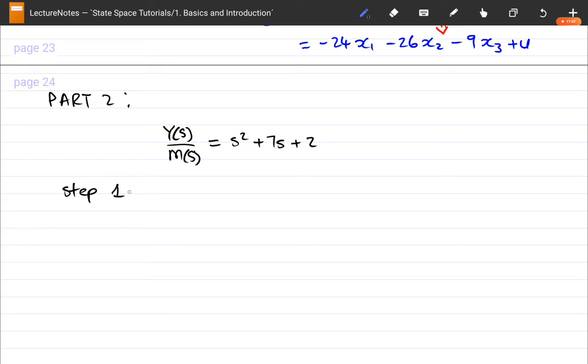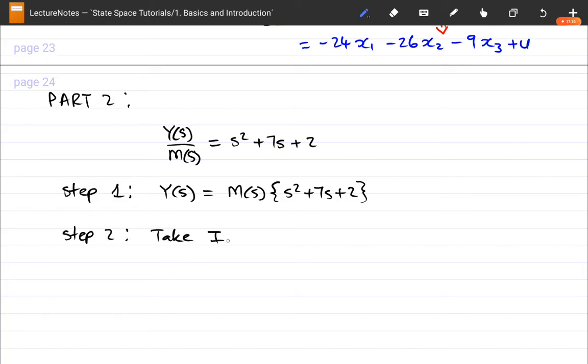Okay, so now if we start with step 1 again, which was to linearize, we get y of s is equals to m of s multiplied by s squared plus 7s plus 2. Okay, so now what we can do is we can go to step 2, where we take the inverse Laplace transform.